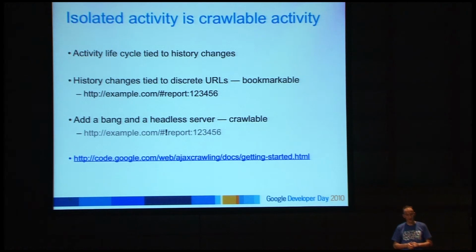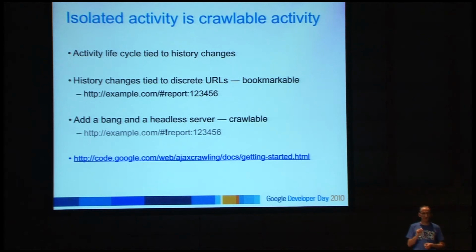We have at the bottom here a URL, which is a new proposal for making AJAX applications crawlable by search engines. All you do is you add an exclamation point after the hash fragment, and there's also a meta tag that you use and some work that you do server-side.